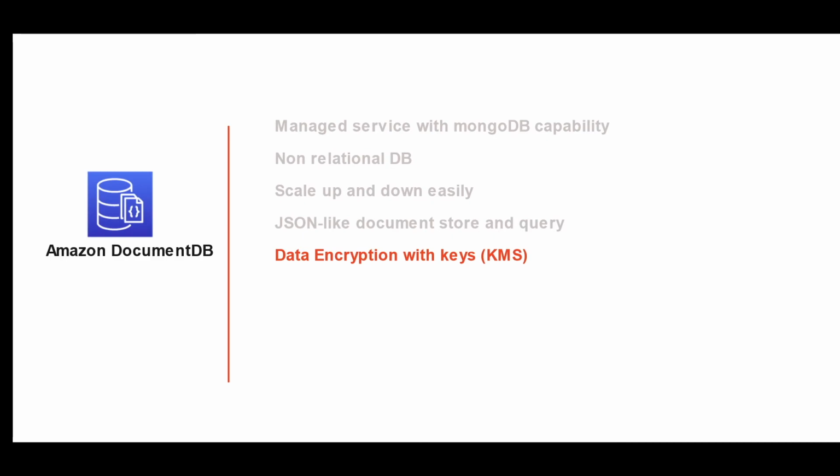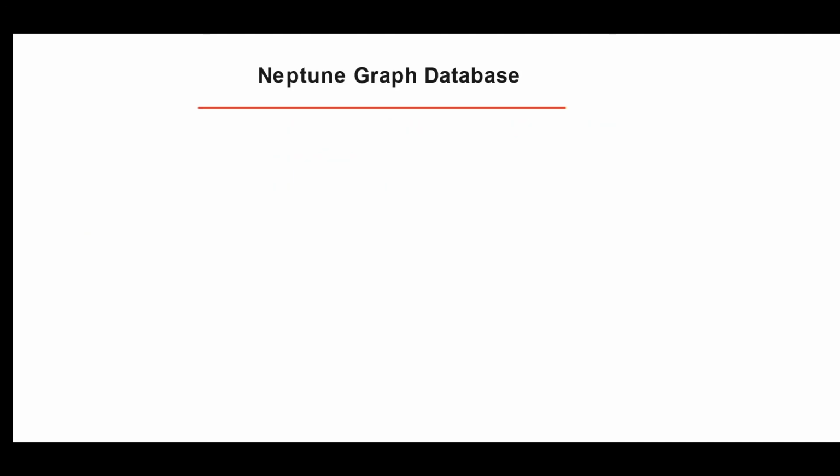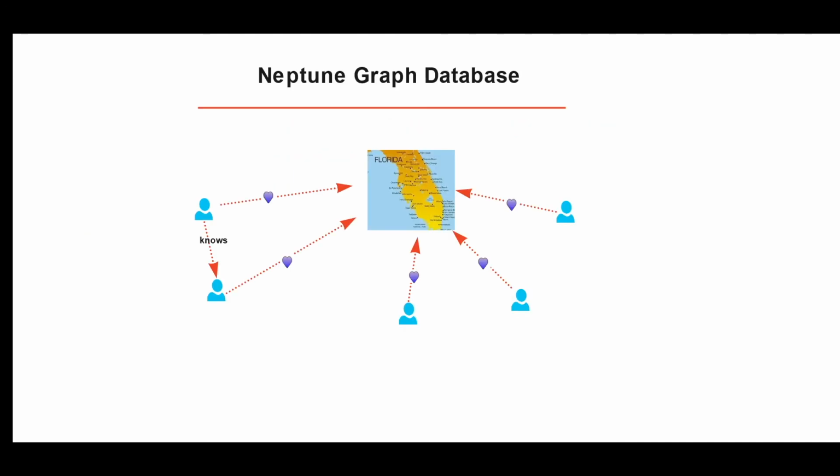Next, we have the Amazon Neptune graph database. Let's look at this example. Suppose you vacationed in Florida recently and you like the place as a vacation destination. You may know other people who like this same place, and there might be other people who you may not know but still like the same place. So a social networking graph could look at multiple data points and relationships in determining who you may want to connect with based on your current network connections.